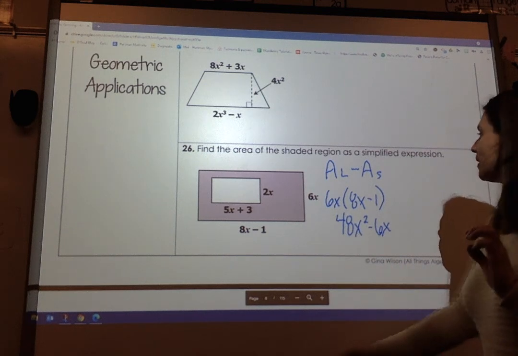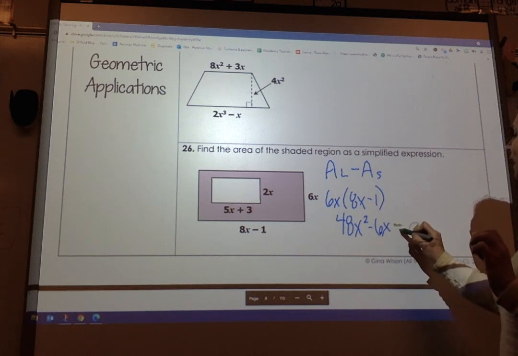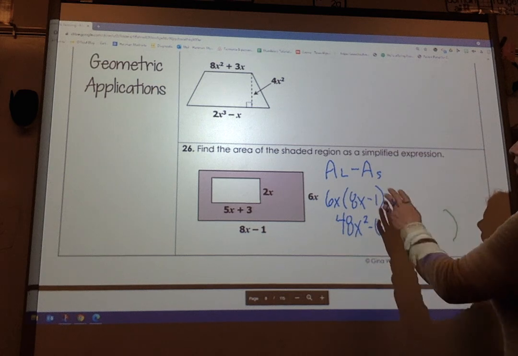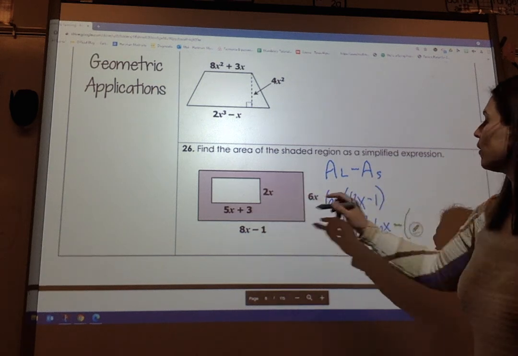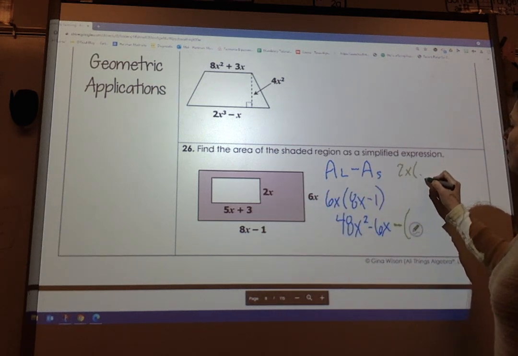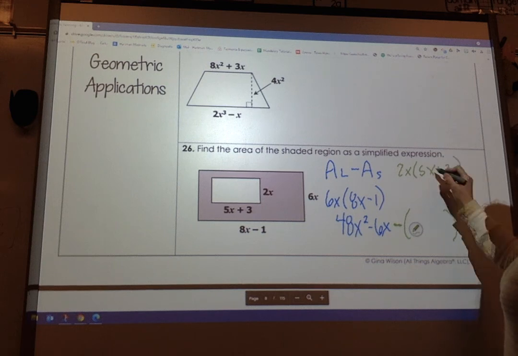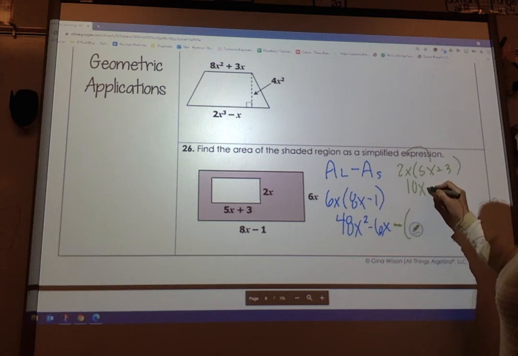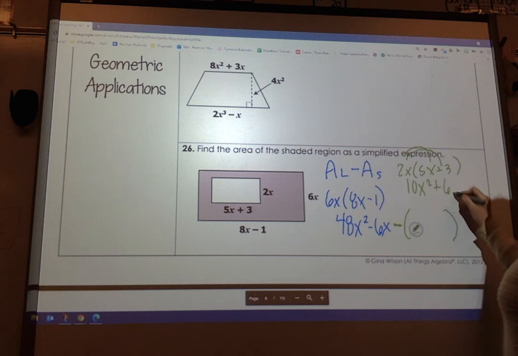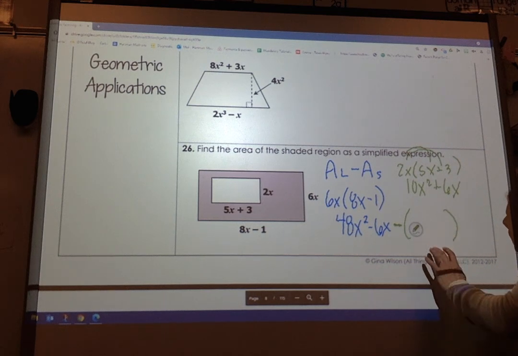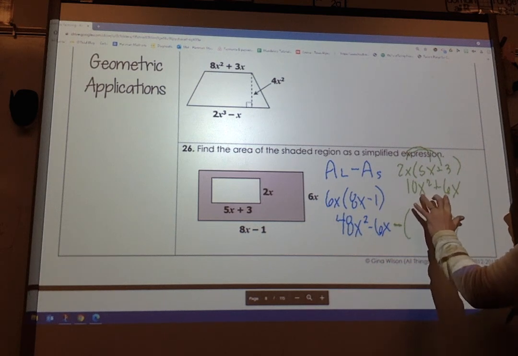Now watch what happens here. You're subtracting the area of your small. So when you find the area of your small, it's 2x times 5x plus 3. And when you distribute, you get 10x squared plus 6x. Now, this is a binomial.